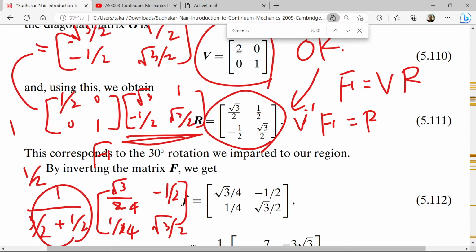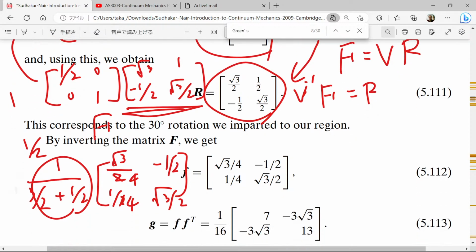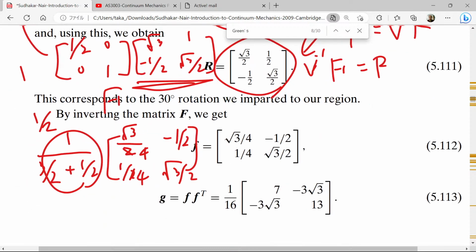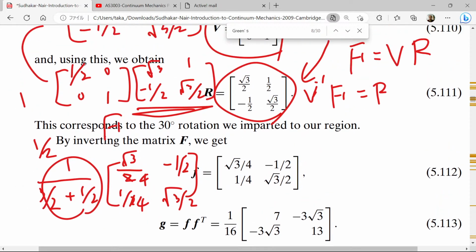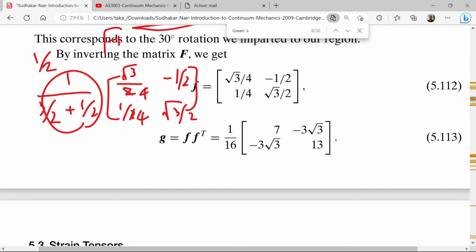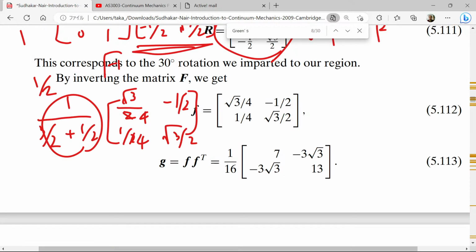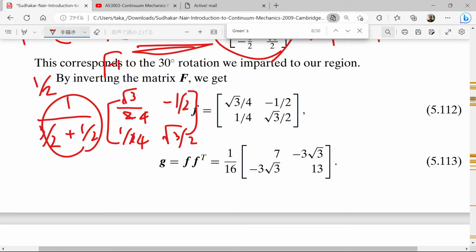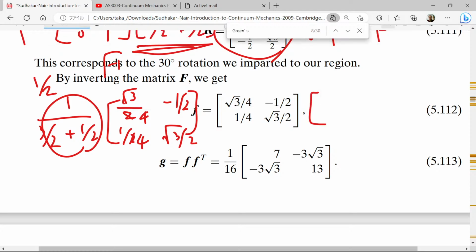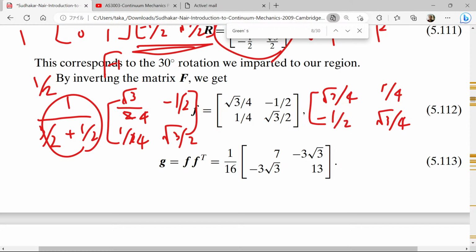So this is small f. And small g is FF transpose. So this is F. And what is F transpose? It's the square root of 3, 4, square root of 3, 4, 1 over 4, minus 1 over 2.